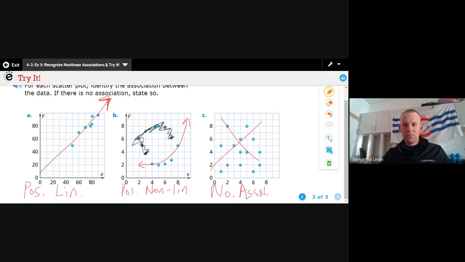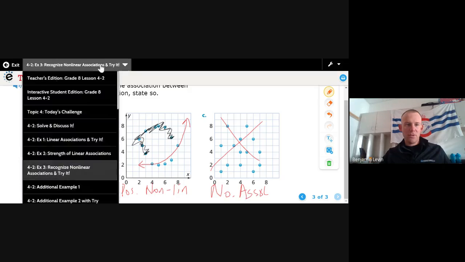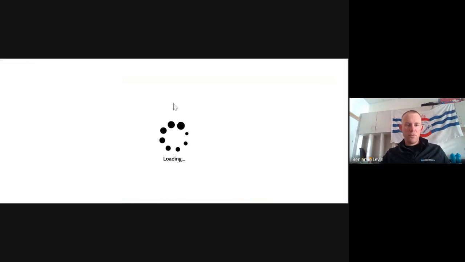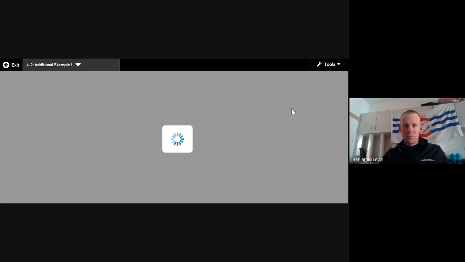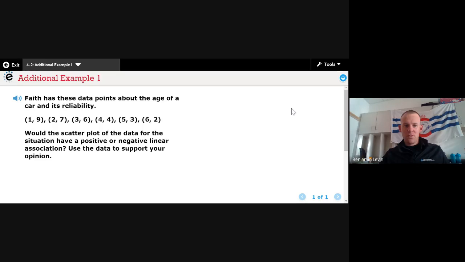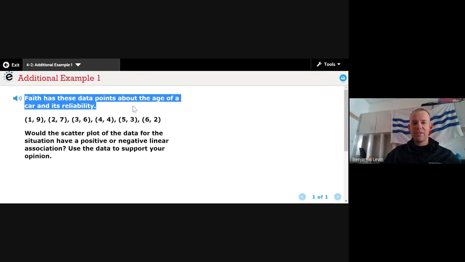Faith has these data points about the age of a car and its reliability. Reliability meaning, does it start? Does it run? Does it break down? If a car is reliable, when you turn the key, it starts, and when you drive around, it doesn't break down. They rate cars on reliability.